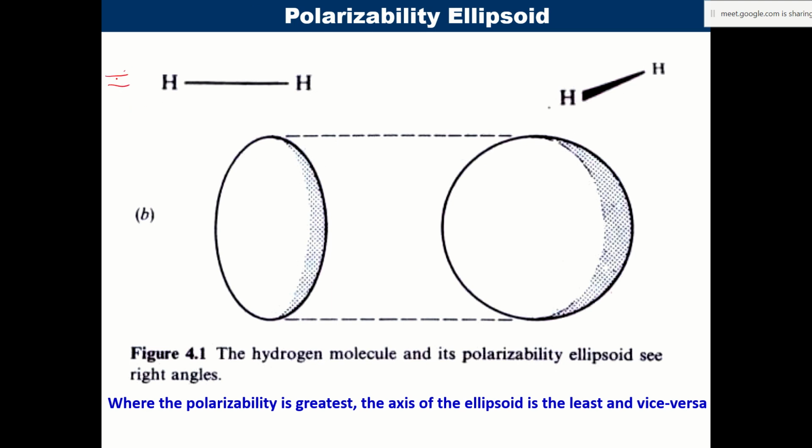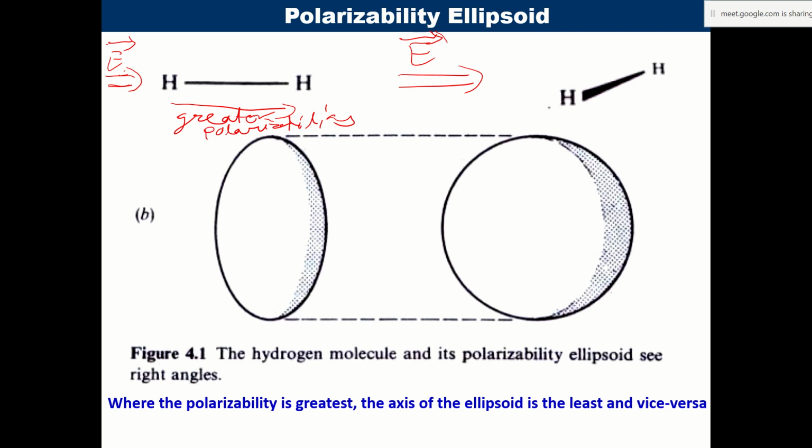So when you apply an electric field in this direction, and then we are drawing this picture that we have, along this there will be greater distortion of the electron cloud, so there is more polarizability in this direction.